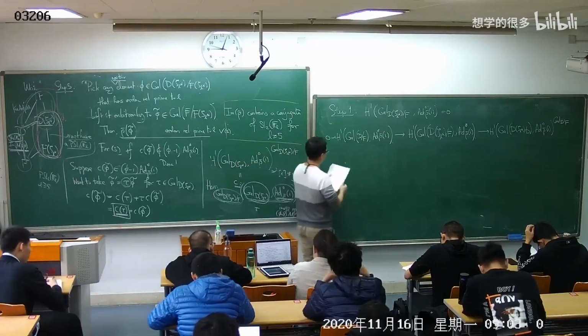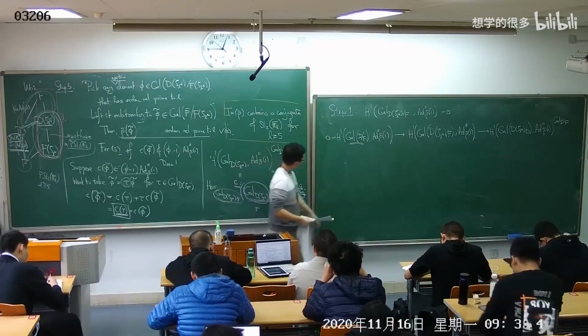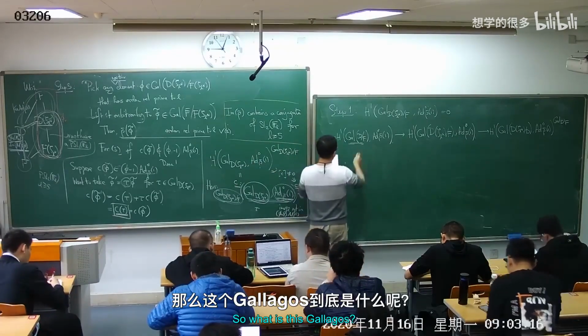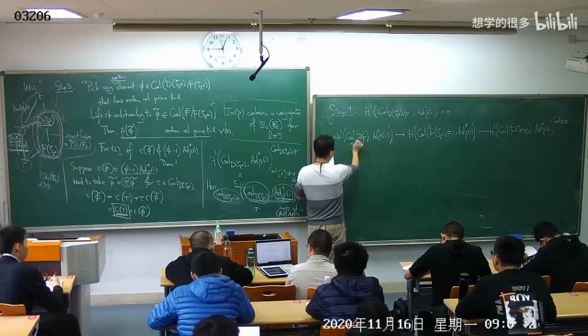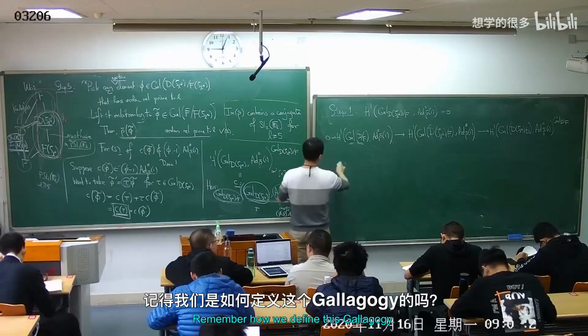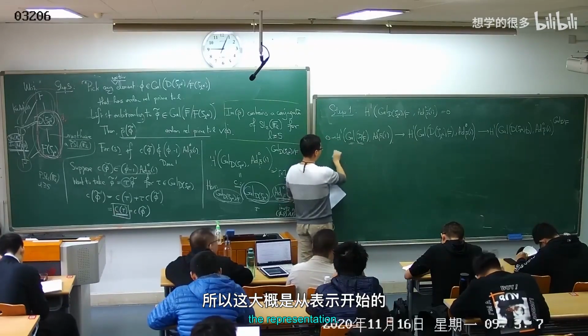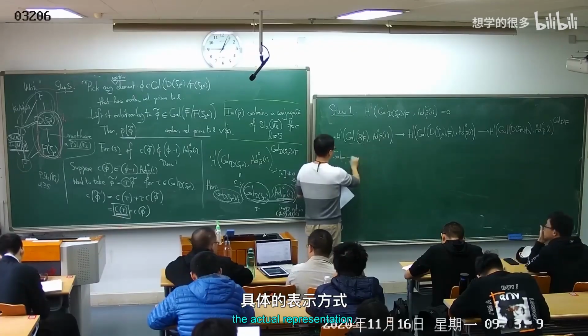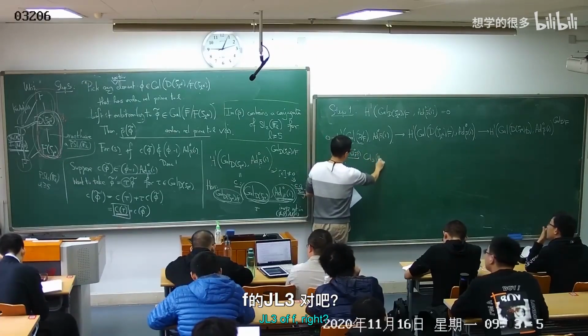So what is this thing here? So what is the scalar group? So this is the same thing as projected. Remember how we defined this scalar group D over F. So this is starting from the adjoint representation to GL3 of F, right?